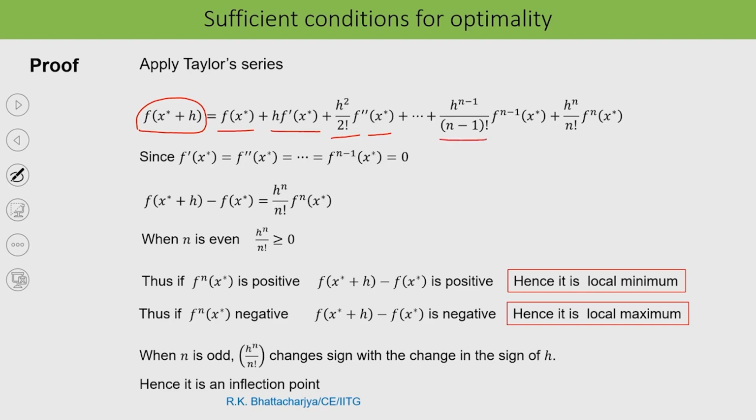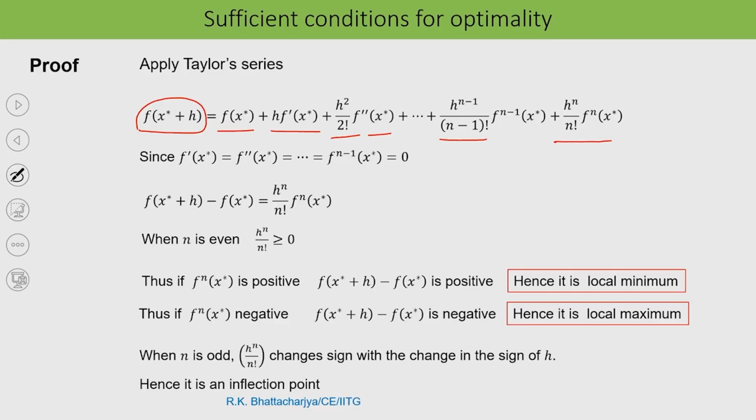I can go up to h to the power n minus 1 divided by factorial n minus 1 times f to the power n minus 1 at x star, and h to the power n by factorial n times f to the power n at x star, that is the nth derivative.